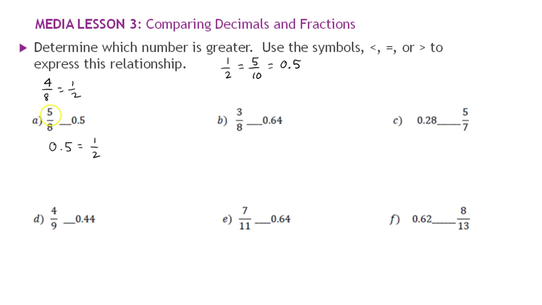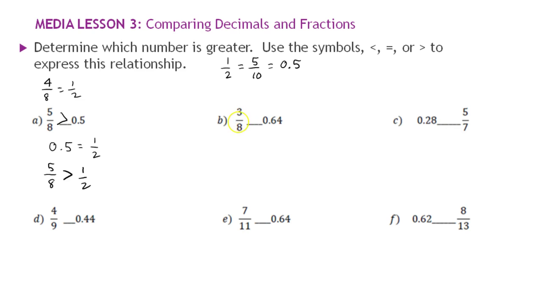Since 5/8 is 1 more eighth than 4/8, we also know that 5/8 is greater than 1/2. Okay. So now we have two numbers. This is greater than 1/2. This equals 1/2. So now we know 5/8 is greater than 0.5 or 5/10. Let's look at the next one.